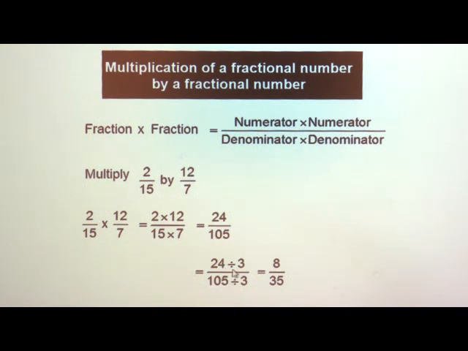So, we know that 24 divided by 3, in the 3 table, or we can say the divisibility of 3 you can use, and you can find out by which number we will reduce this fraction and the remainder will be 0. So, 105 divided by 3. So, here when 24 is divided by 3, you know 8 3s are 24 and 35 3s is 105.